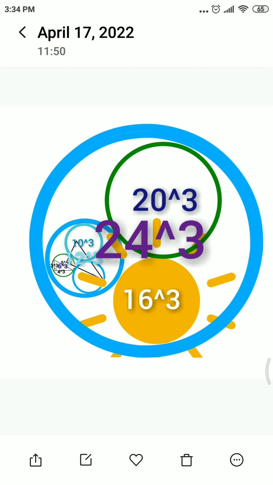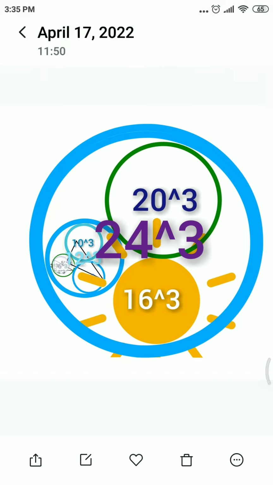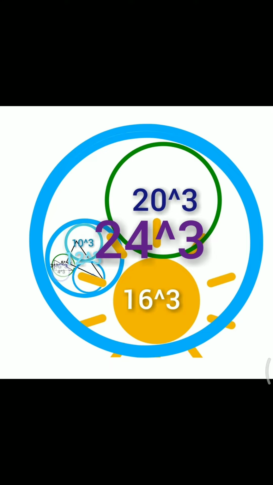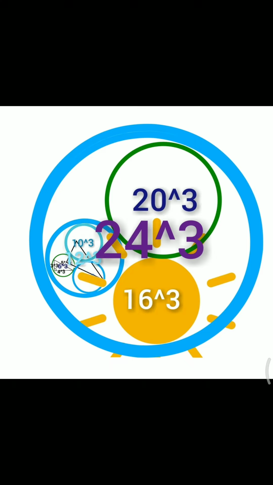And here, now we are looking at the fourth triad. This is 12 cube, 3, 4, 5 giving rise to 6, 6, 8, 10 giving rise to 12 cube, and 12 cube along with 16 cube and 20 cube makes up 24 cube. So that is the fourth triad.